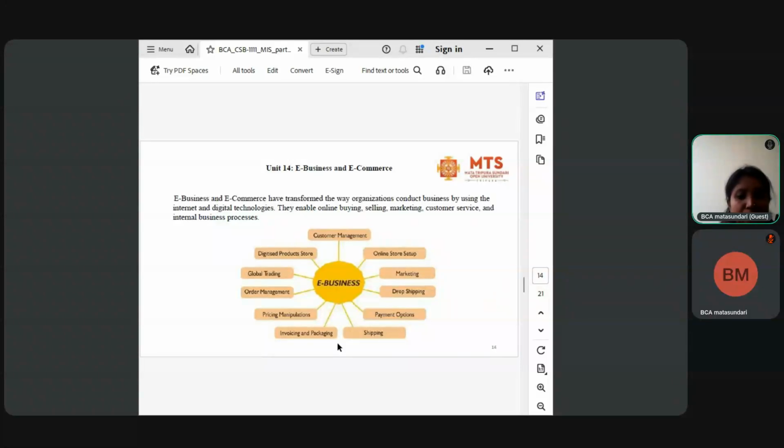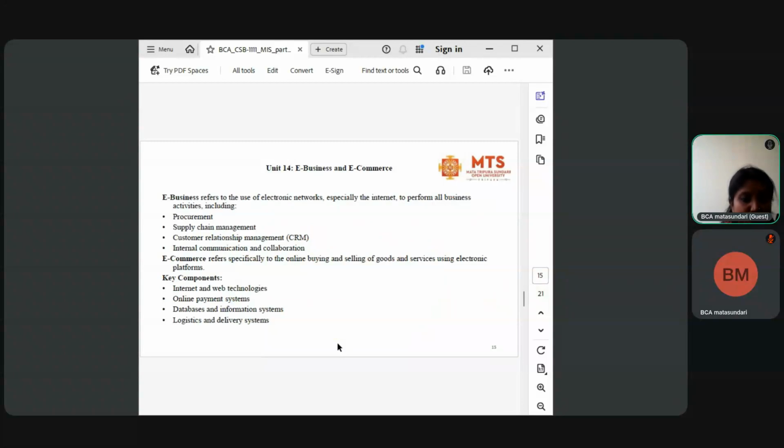And in slide number 15, e-business basically refers to the use of electronic networks, especially the internet, to perform all business activities, including supply chain management, customer relationship management, internal communication and collaboration.